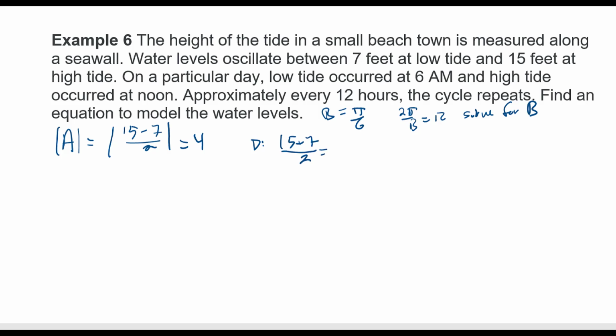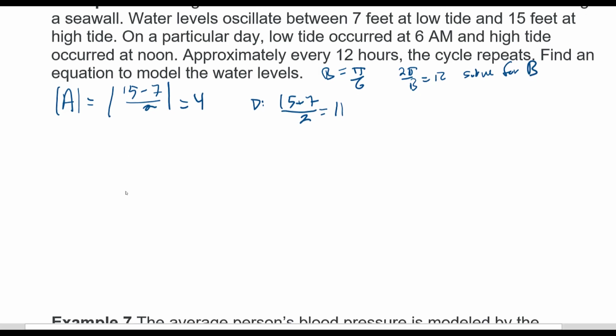That's going to be 11. And so we have y equals 4 is the amplitude, cosine of pi over 6 times time plus 11.